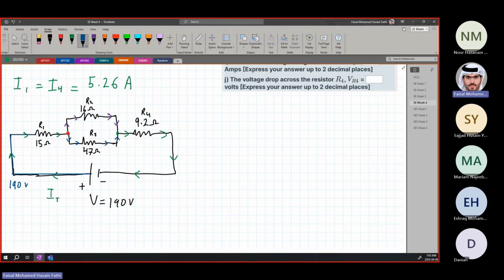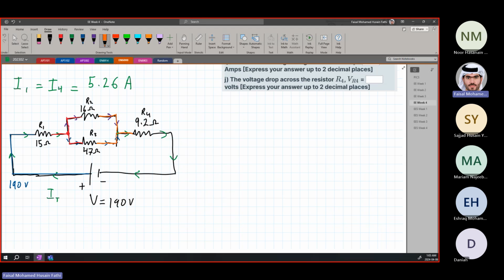This is all 190 volts, equal to V. Then because it's going through a component, there is going to be a voltage drop. Voltage drop, voltage drop, right? Until it goes to the next components, then it changes again. Voltage drop. Remember this is the same line, so it's the same voltage all the way up till here.